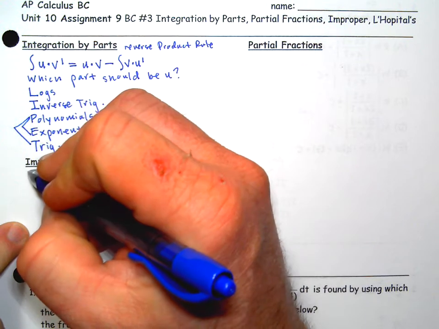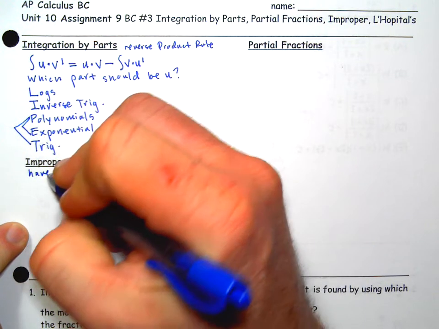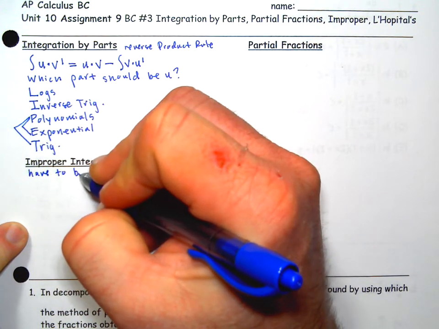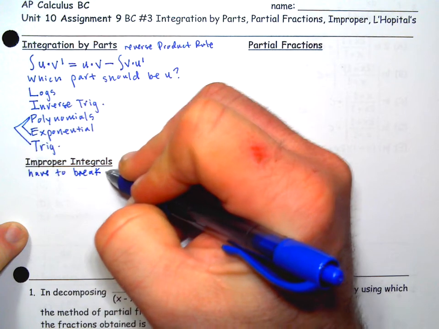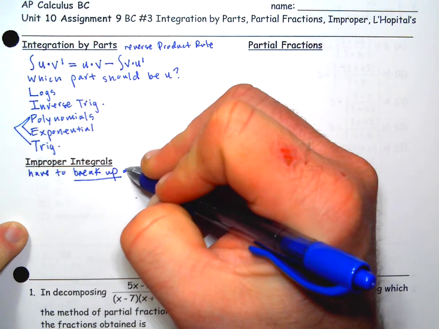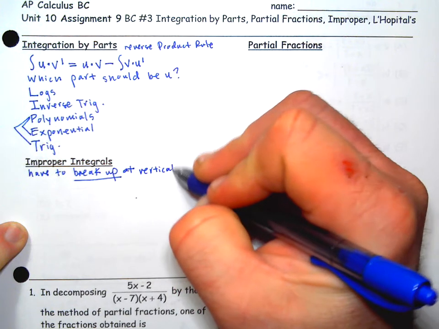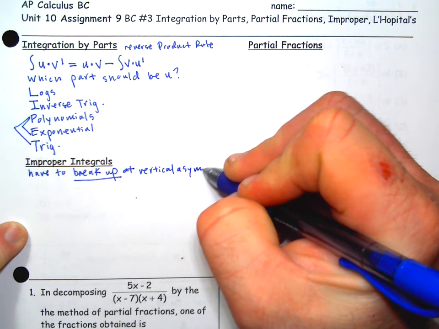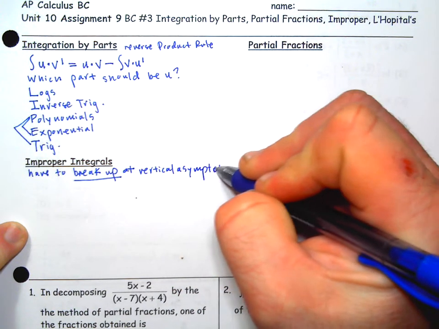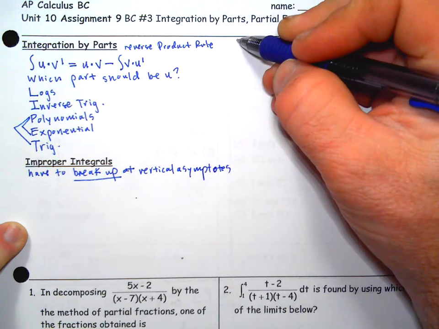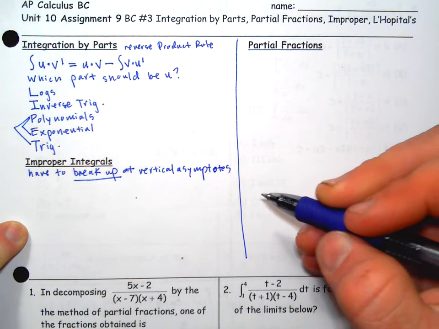Improper integrals. I think we've brought these up recently. You have to break up at vertical asymptotes. By the way, we're probably going to use all of this space over here for partial fractions.